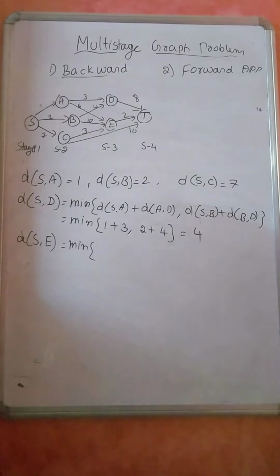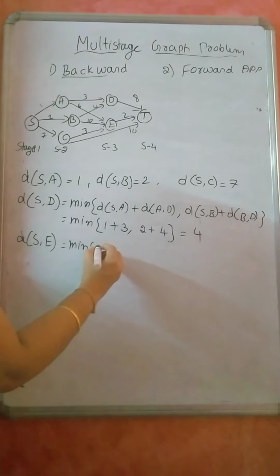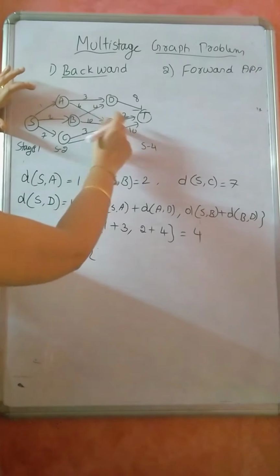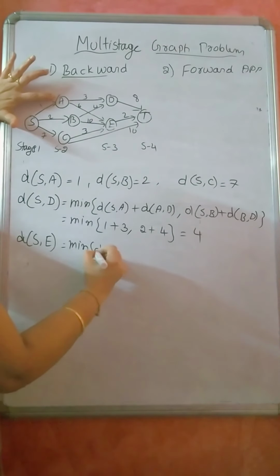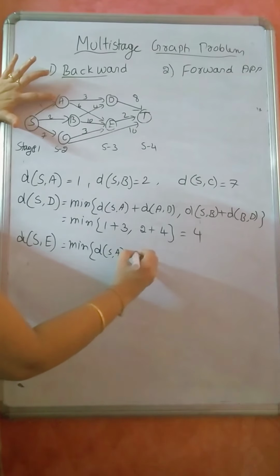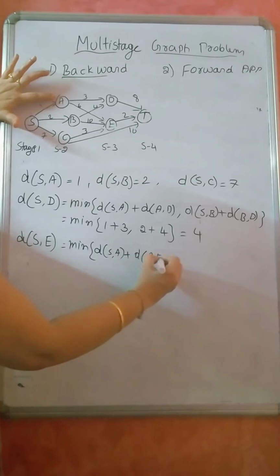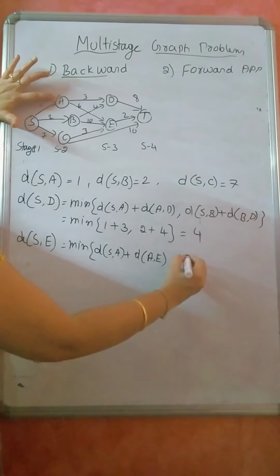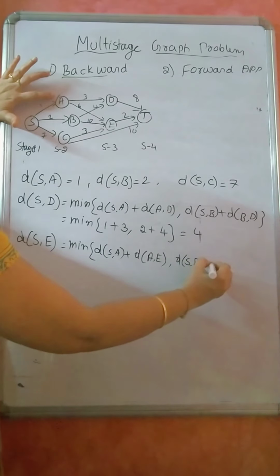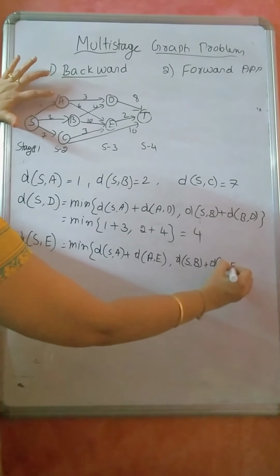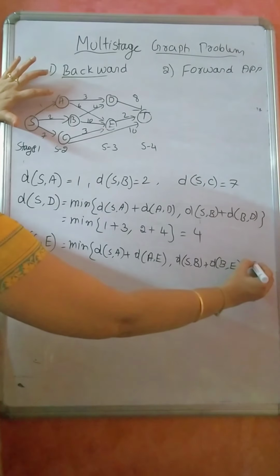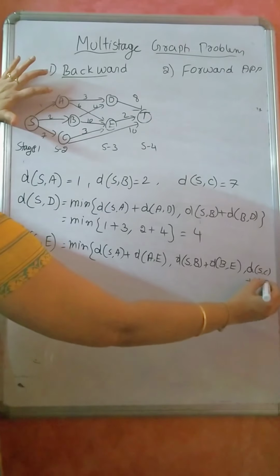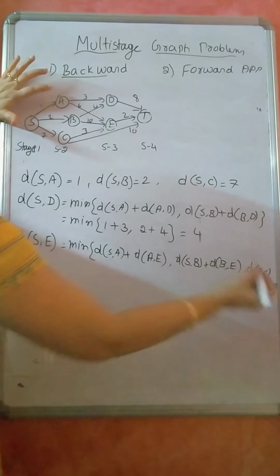There are 3 incoming edges for E, from A, B, C. So distance from S to A plus distance from A to E. Next, one more incoming edge: distance from S to B plus distance from B to E. Then one more: distance from S to C plus distance from C to E. So the minimum of that.